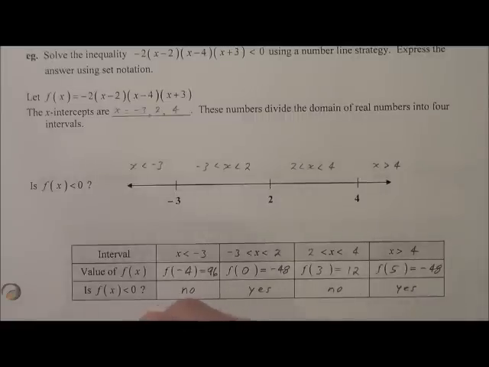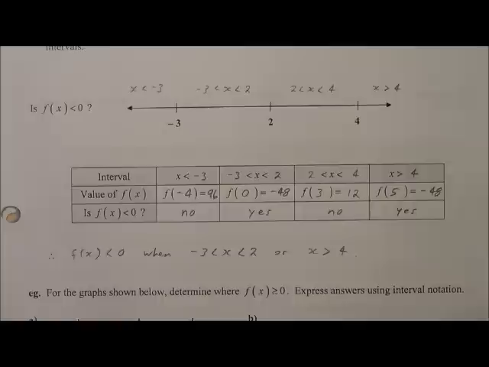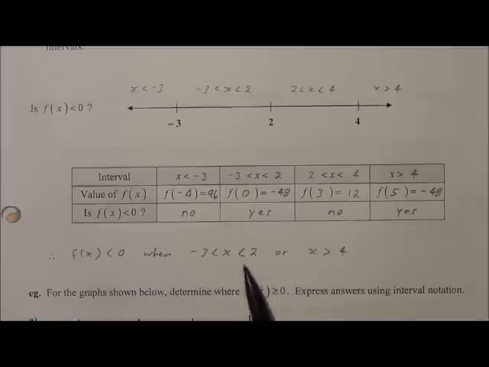Therefore, f of x is less than 0 when negative 3 is less than x is less than 2, or when x is greater than 4. Okay, so that was the last line I just wrote there.